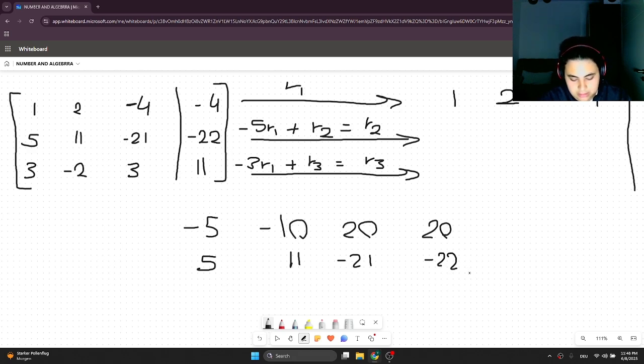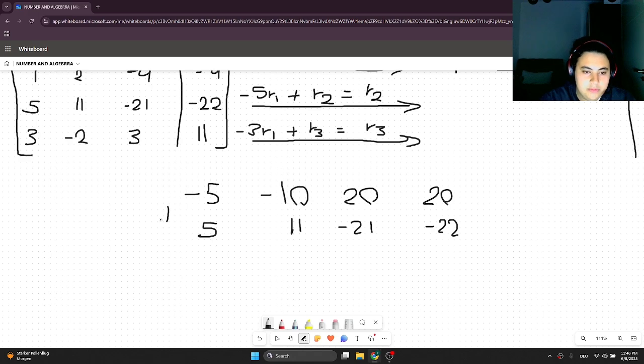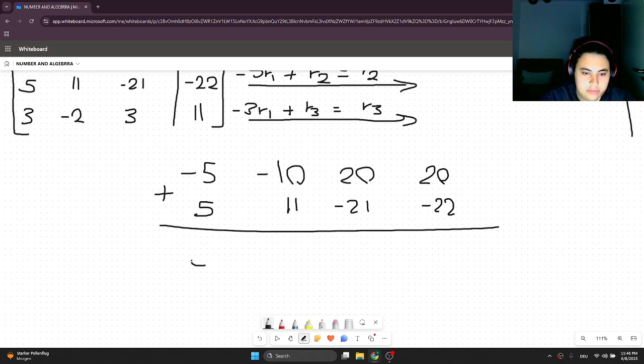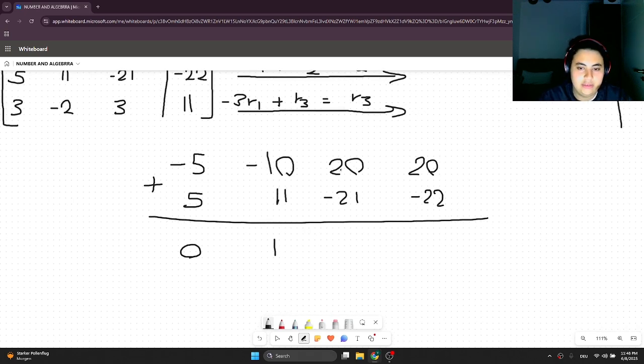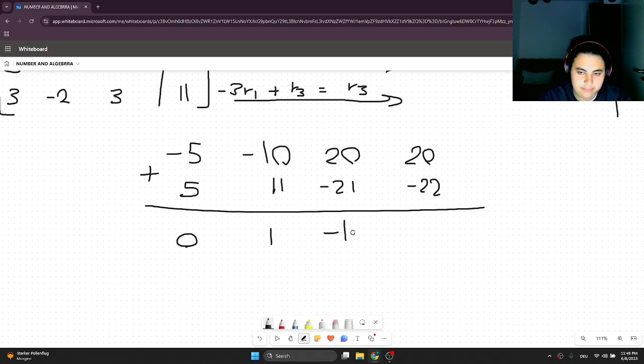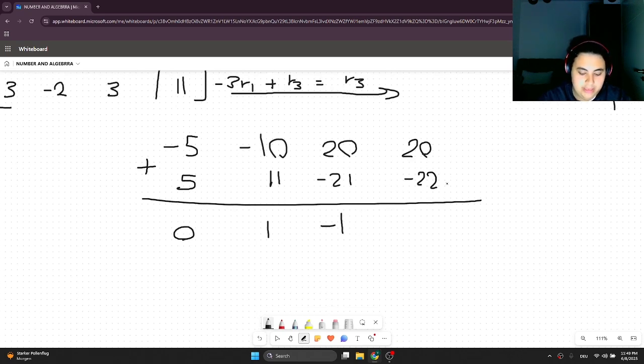Okay, so now I'm going to add the two. This is going to be 0. -10 plus 11 is going to be 1. Then 20 minus 21 is going to be -1, and 20 minus 22 is going to be -2.